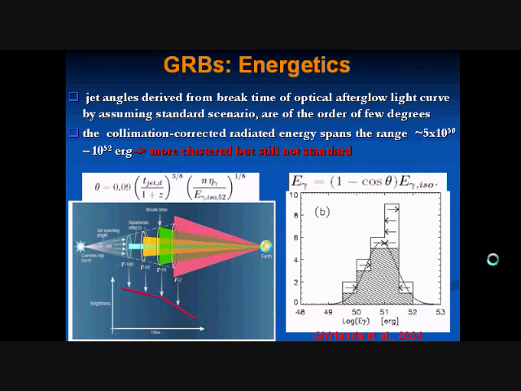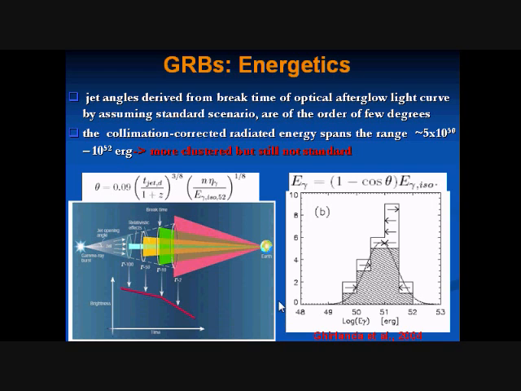So coming back to the energetics of GRBs, in cases where we are able to measure the jet opening angle, either from optical or from radio data or through multiband modeling, it's possible to convert the isotropic gamma ray emission and correct it for the jet opening angle.